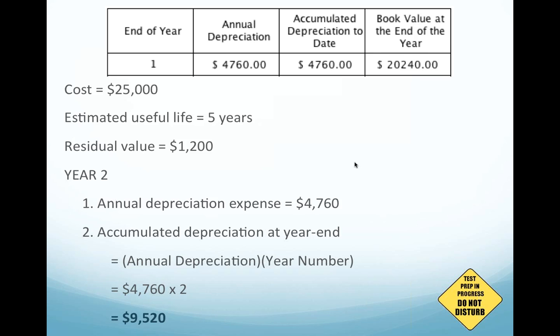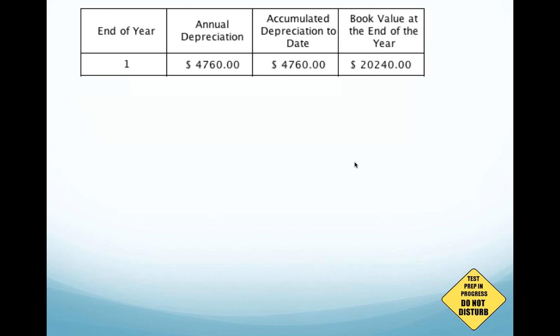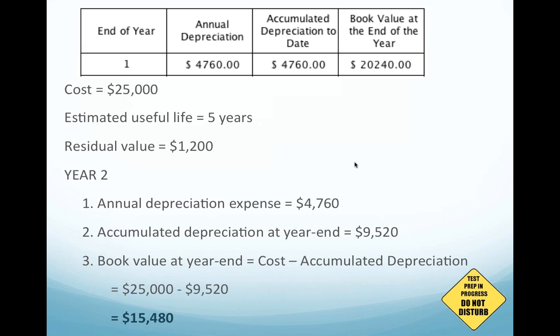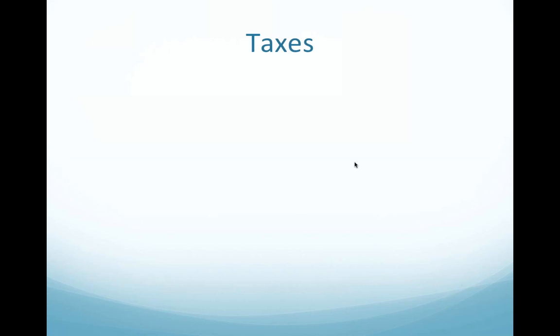That's going to be 9,540. Did I say 9,540? 9,520. Then we're going to take the 25,000 and subtract the 9,520. It's going to give us 15,480. And so that was for 2 years.